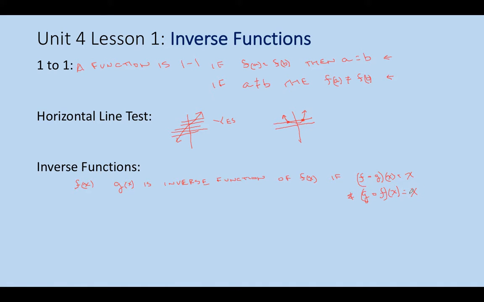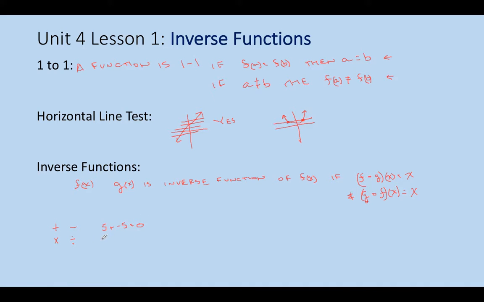So you remember inverse operations, things like the opposite or the inverse of addition is subtraction, the inverse of multiplication is division, and we had inverse properties that said, like the additive inverse, 5 plus negative 5 equals 0. It gets it back to the additive identity.